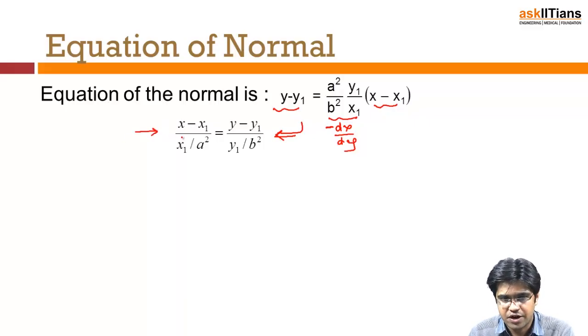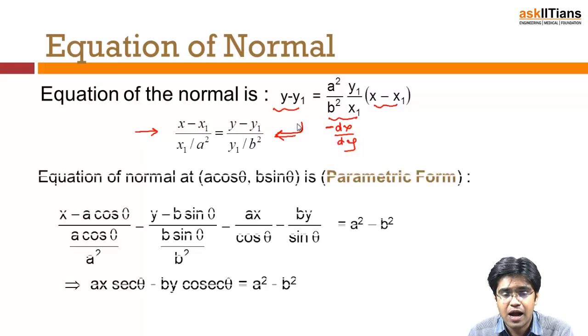x minus x1 divided by x1 by a square is equal to y minus y1 divided by y1 by b square. What I can do is substitute x1, y1 in terms of a cos theta and b sin theta. Why? Because x1, y1 lies on the curve. So any point that is lying on the curve, I can write in parametric form as well.